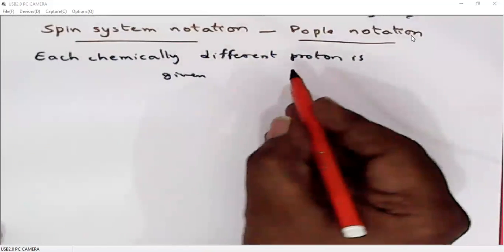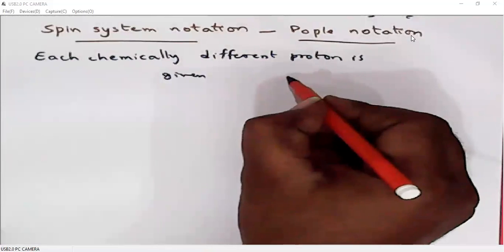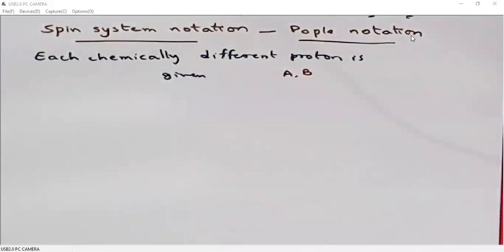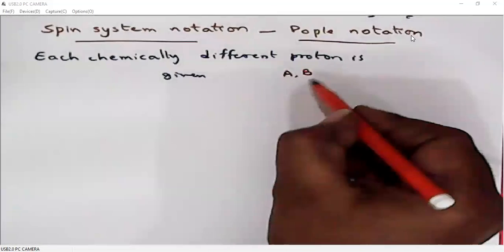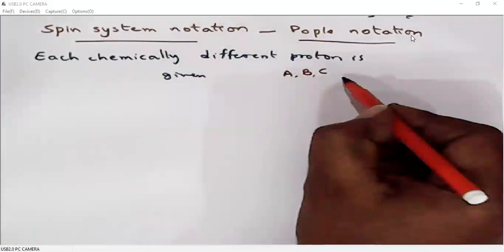for example, if we have two different protons which are giving two different signals and the delta values are very similar, or in other words they have very small delta differences, then these two signals are very nearby, and we label them as A, B. If we have three, we will label them A, B, C and so on.